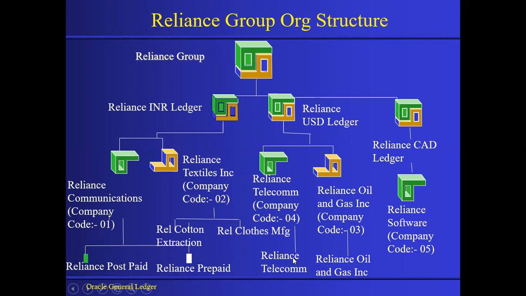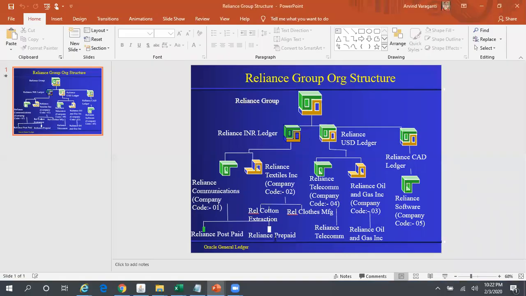I'll group these three into a security profile and assign that security profile to a particular responsibility, and then I'll show you that using that responsibility you'll be able to access all three operating units. First, I'll show you that I have individual responsibilities for these three operating units, and I'll take AP as an example.